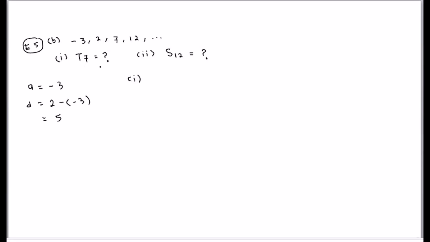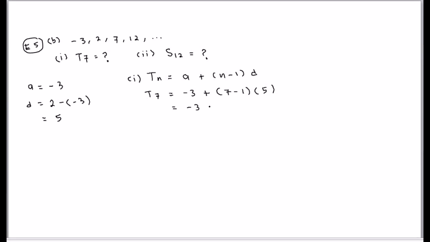Question number 1, T7. So we can use the formula to find term Tn equals A plus n minus 1 D. So we want to find T7. Substitute A negative 3 plus n, our n now is 7, so 7 minus 1 multiplied by D. D we found earlier, which is 5.